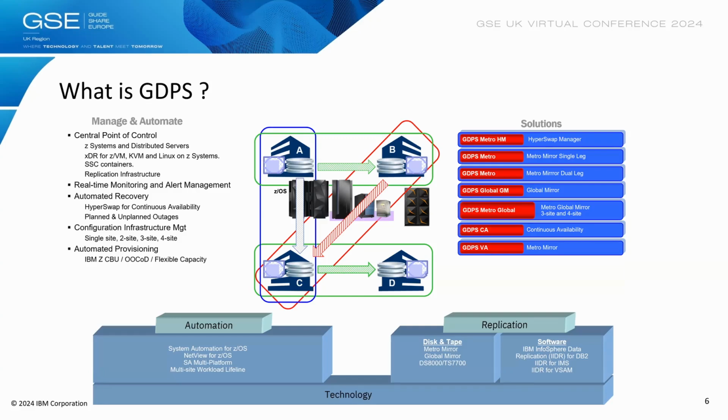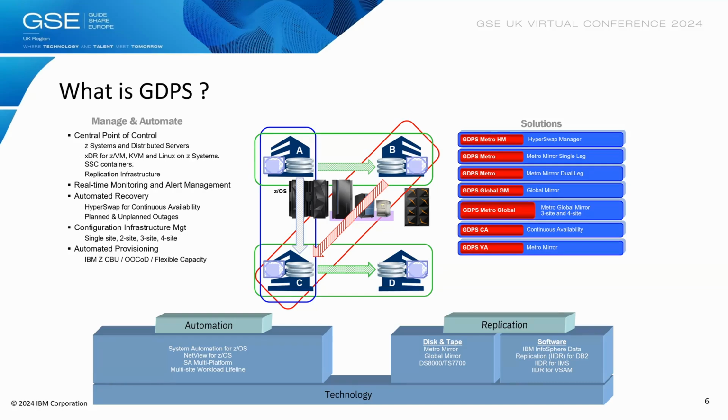So what is GDPS? GDPS stands for Geographically Dispersed Parallel Sysplex. It was initially provided to offer disaster recovery and continuous availability for IBM Z environments, and it has evolved over the years since its first release more than 25 years ago to extend the scope of the scenarios and the use cases that it covers.